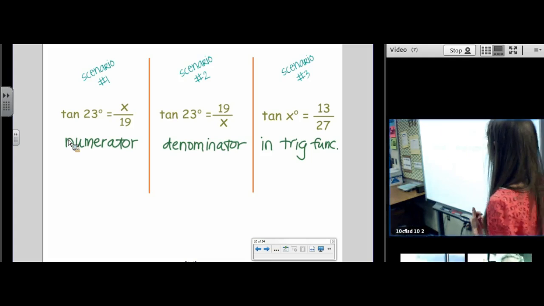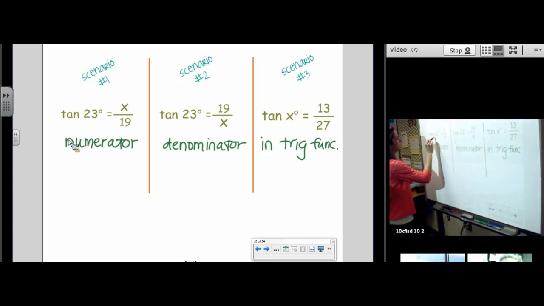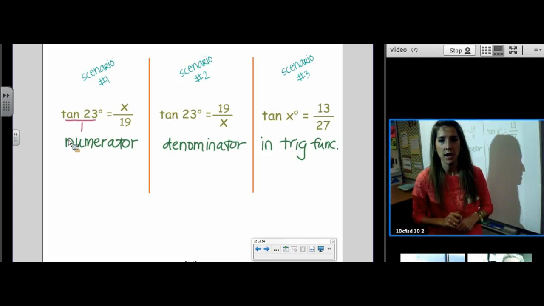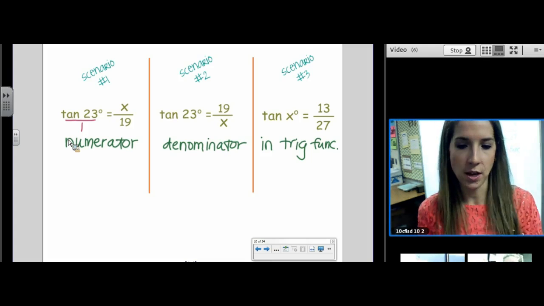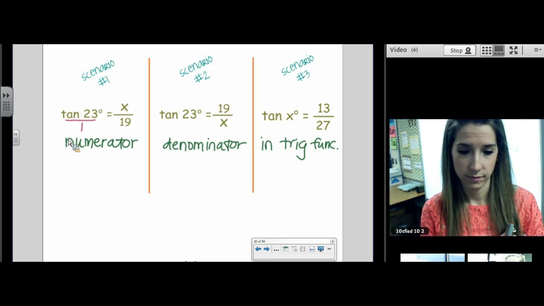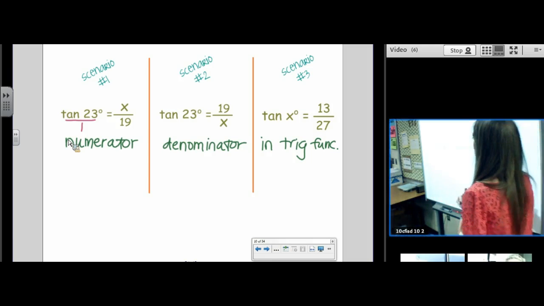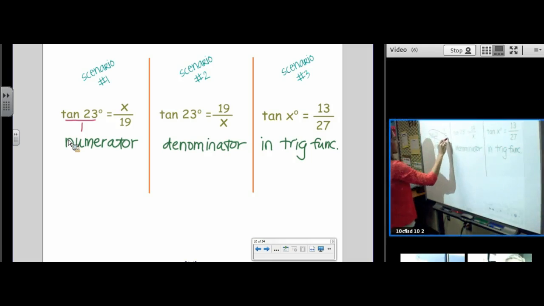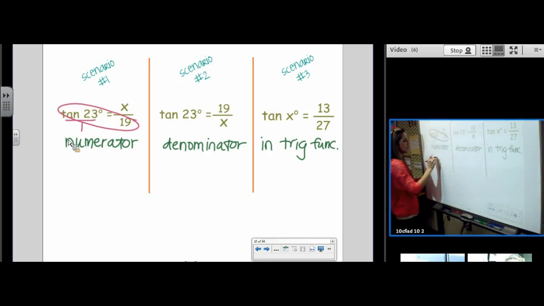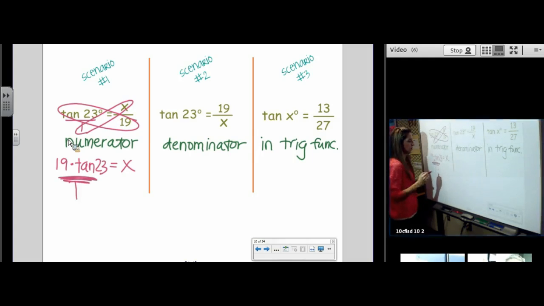Okay? Number 1, I want you to think of this as a fraction equals a fraction. How do we solve something when a fraction equals a fraction? Yay! Thank you, Johan. You win. You cross multiply. 19 times tan 23 equals x times 1, right? So we're going to end up multiplying.